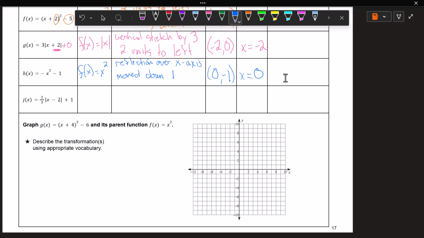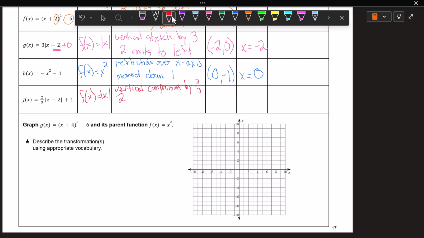j of x equals 2/3 times the absolute value of x minus 2, plus 1. So of course, the absolute value of x is our parent function. The 2/3 is less than 1, so we have a vertical compression by 2/3.